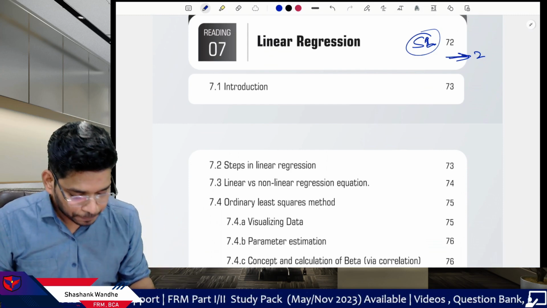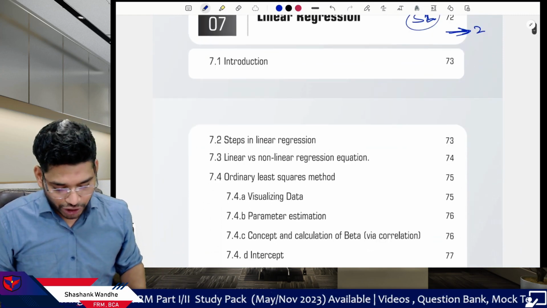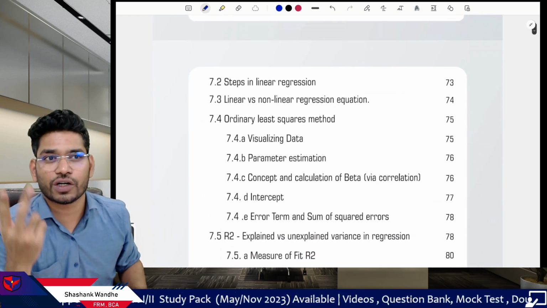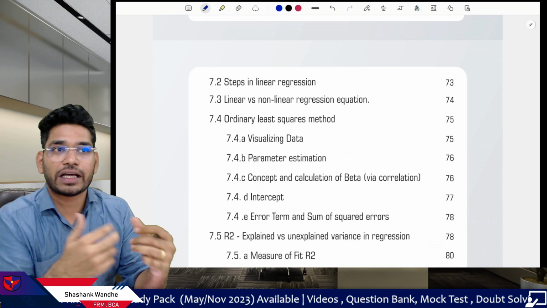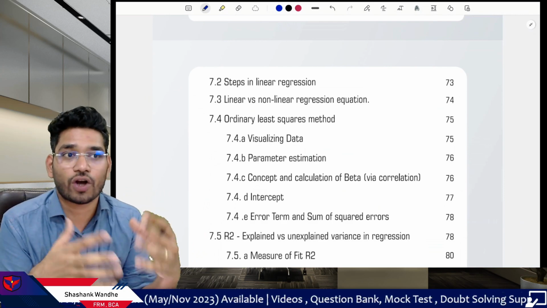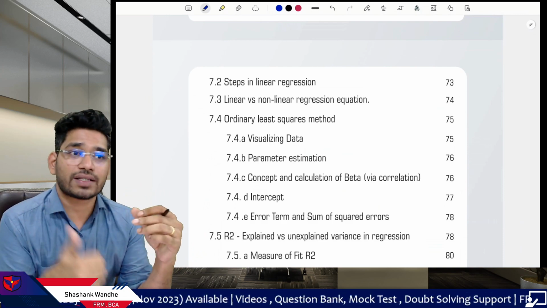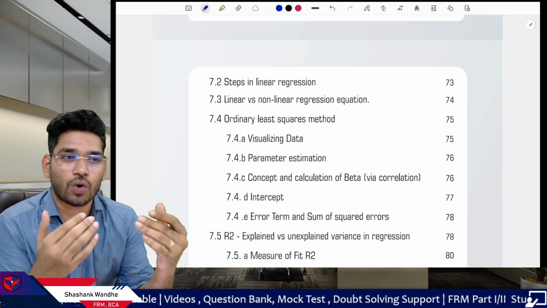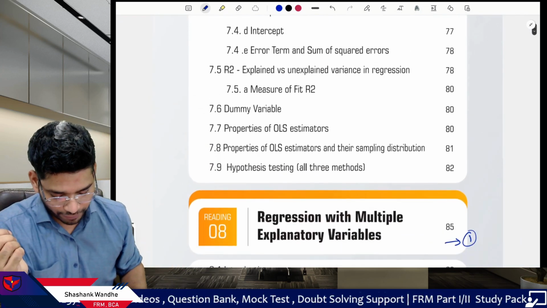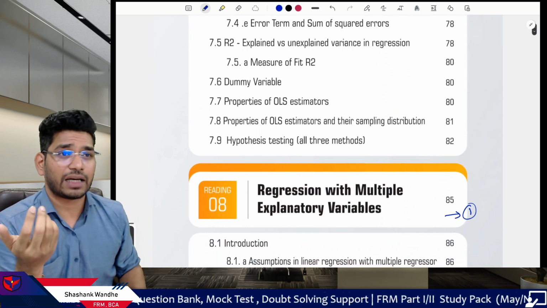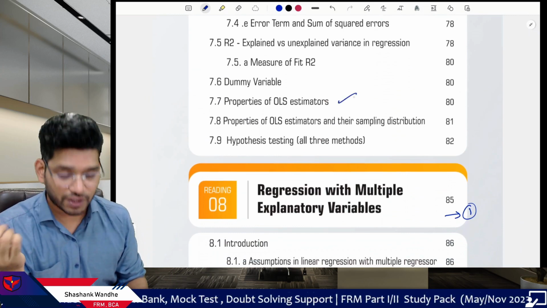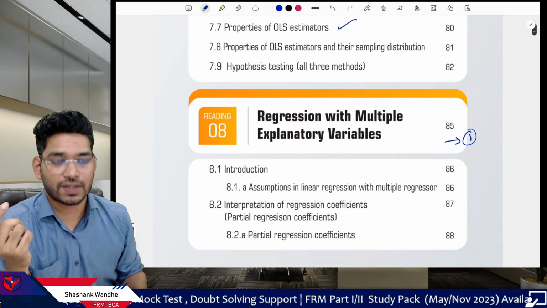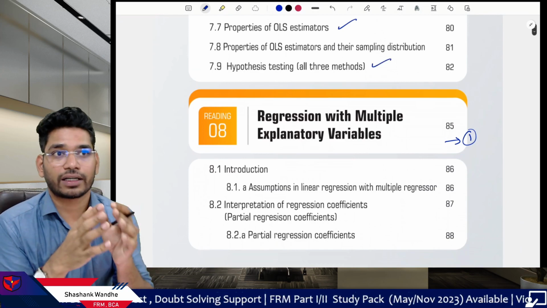Now here, in linear regression, first you need to understand what linear regression means, how to interpret it, what is R square, measure of fit, coefficient of determination, and so on. All these concepts are covered here. What is a dummy variable, properties of the OLS estimator, GARP's favorite area, then hypothesis testing, and all 3 methods are given here.